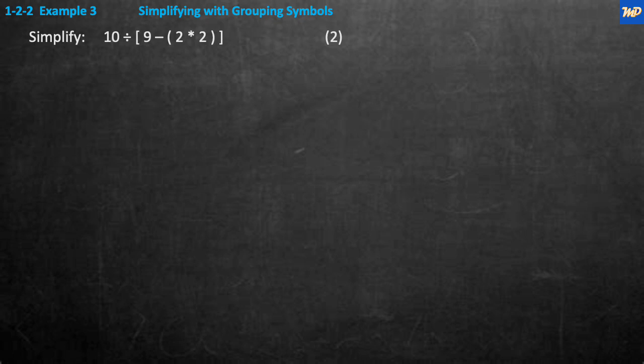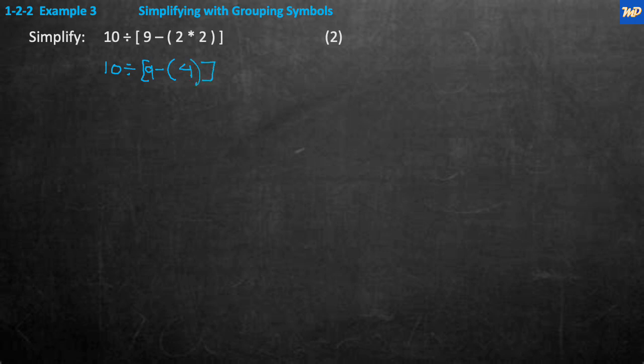Well, we have to work at the innermost grouping first and then work our way out, as we talked about earlier. And doing that, we're going to have 10 divided by a bracket 9 minus parenthesis 2 times 2 is 4 and a bracket.